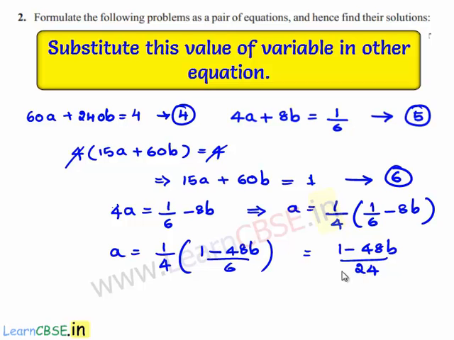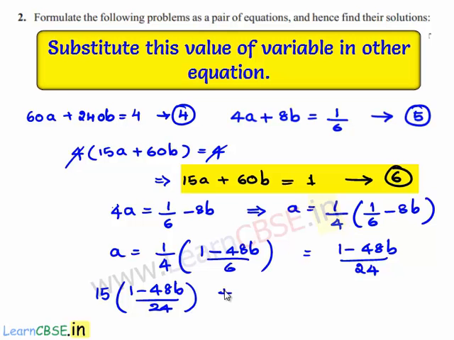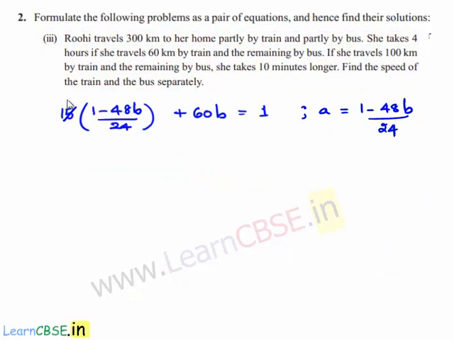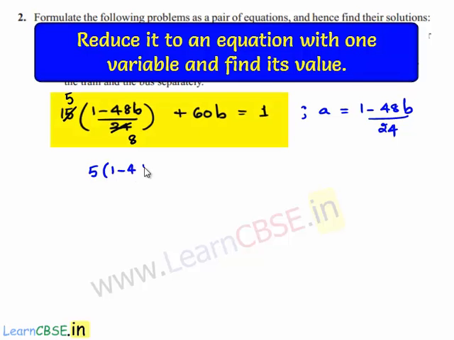Now let us substitute the value of a in equation number 6. So this becomes 15 times of (1 minus 48b) divided by 24 plus 60b is equal to 1. Now 3 5s 15 and 3 8s 24. So this becomes 5 times of (1 minus 48b) divided by 8 plus 60b is equal to 1.